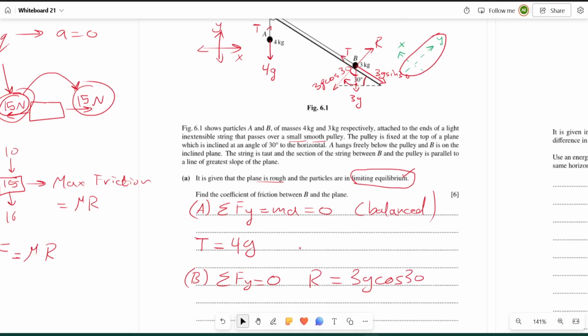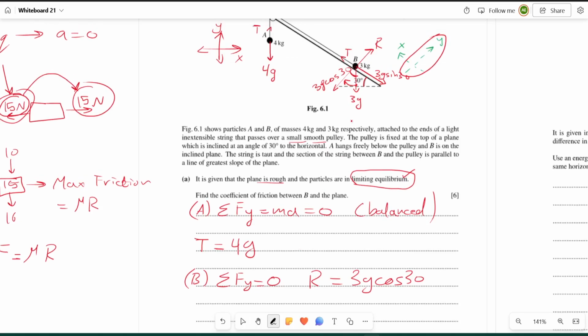Now, first of all, I forgot another force over here that I need to add to B. There's tension, normal, weight, and since it's a rough plane, I will have a friction force. Okay, so where is this friction force going to act? 4 kilograms is greater than 3 kilograms, so it makes sense that this whole thing would want to fall downwards.